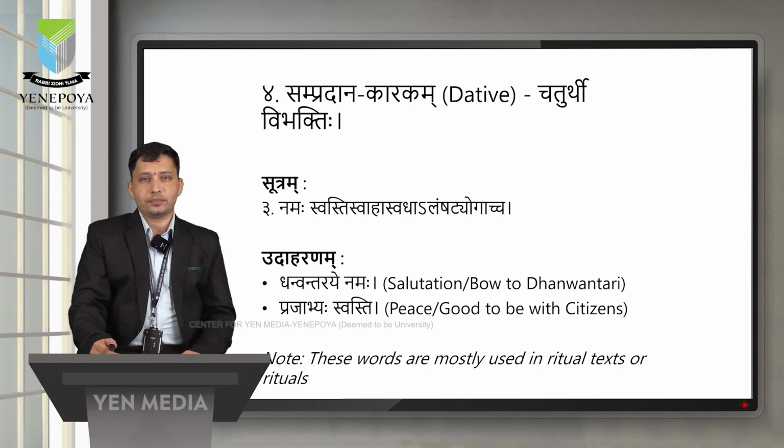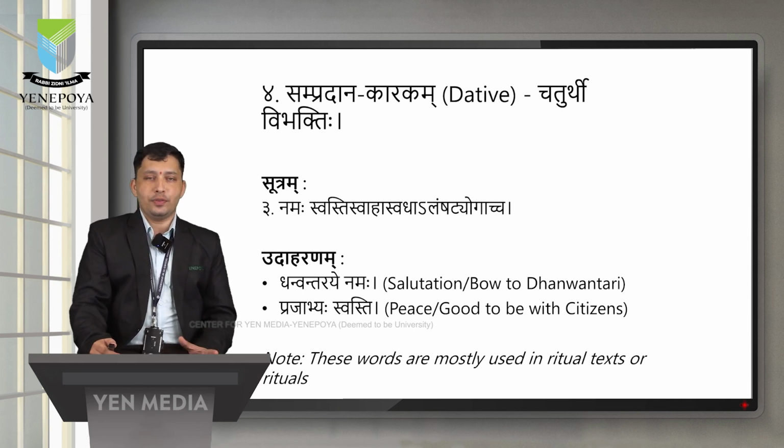Dhanvantaraye Namaha. The meaning is salutation, or bowing down to Dhanvantari as a respect. The second one is Prajabhya Swasti, which means peace or good be with the citizens. So in these sentences you can see Namaha and Swasti are used.